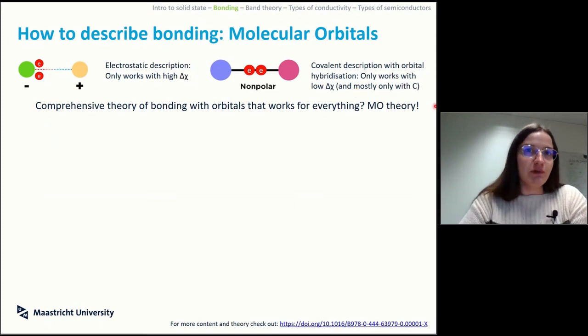That thing is called the molecular orbital theory, which some of you might be acquainted with. Others, this might be your introduction to molecular orbital theory.